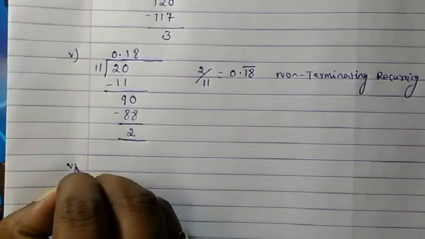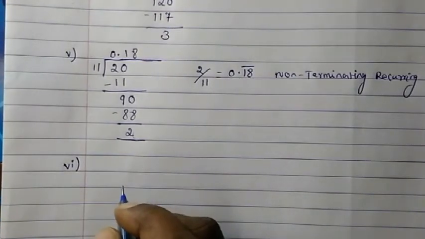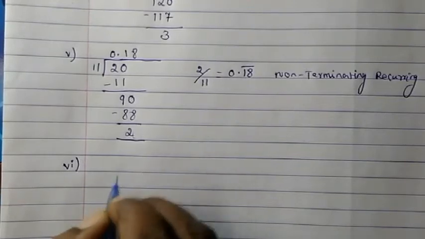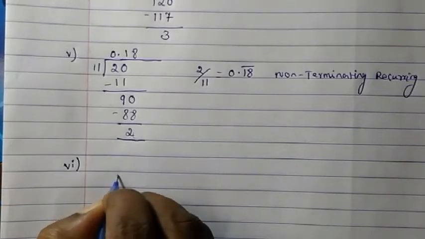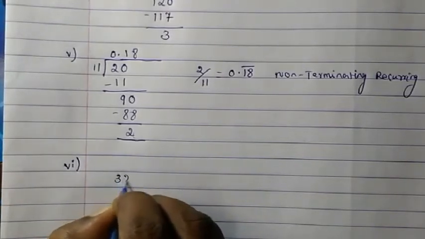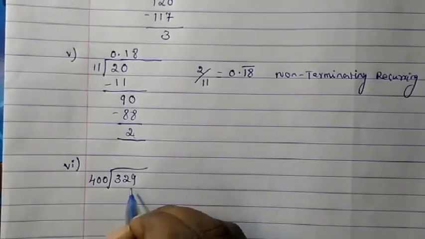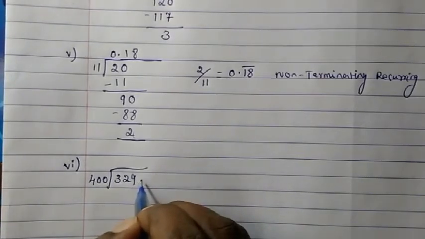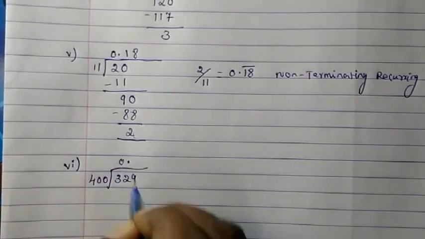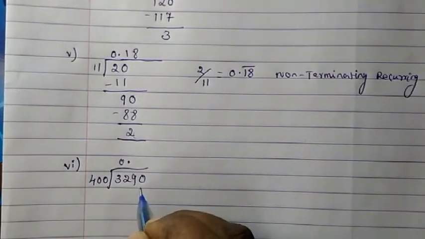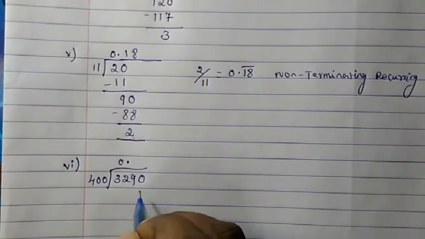The last one is to divide 329 by 400. Again it is a smaller number, so we add a 0. For that we put a point here. So we added a 0.